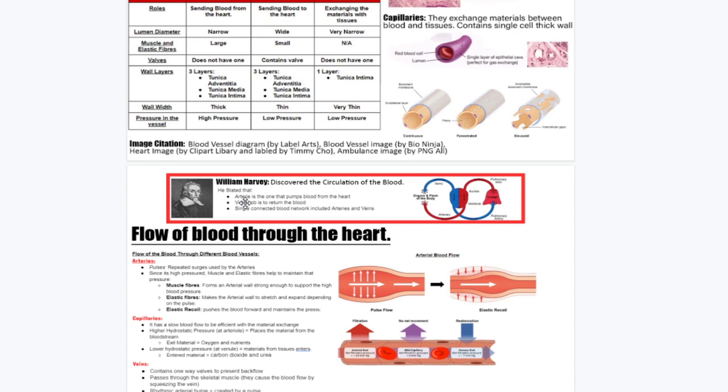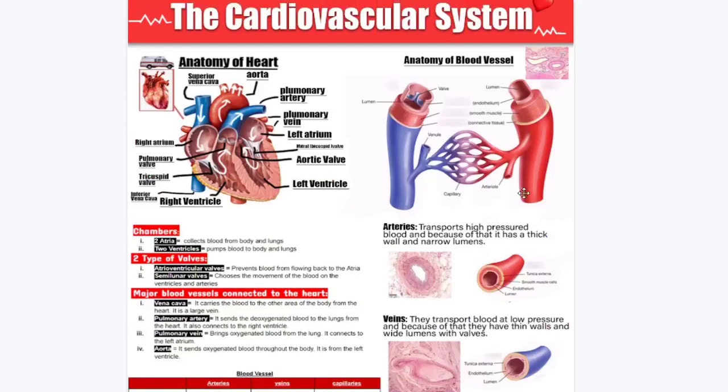An artery is the one that pumps the blood from the heart, and a single connected blood network is included in both arteries and veins, which is pretty similar to this one.